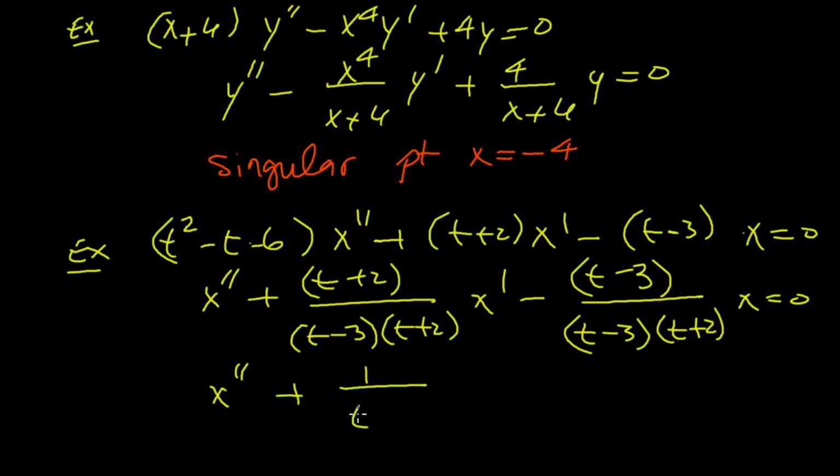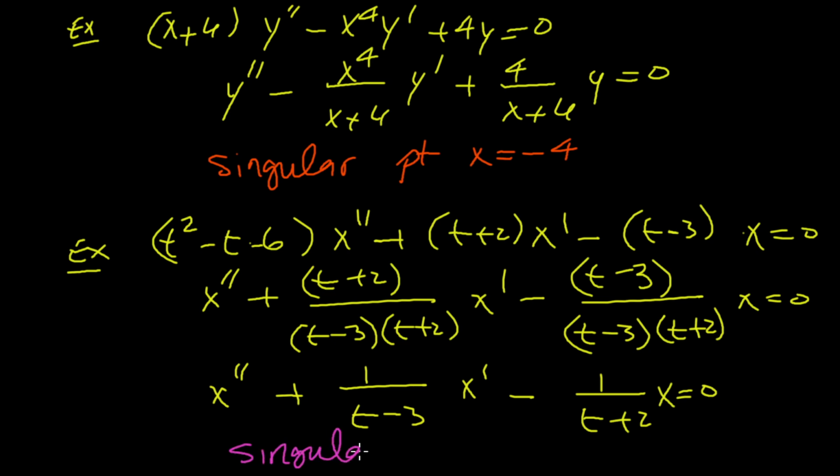So 1 over t minus 3 and 1 over t plus 2. That still keeps the singular points to be the 2. So singular points here are negative 2 and 3.